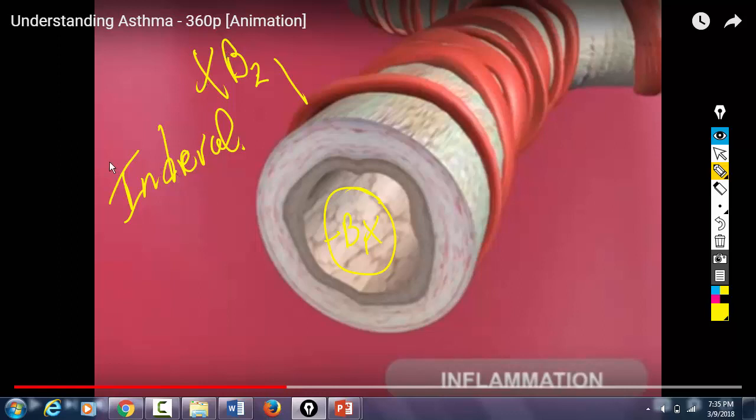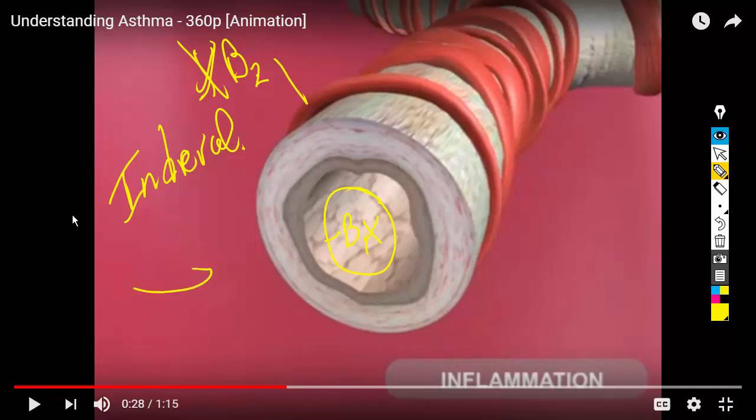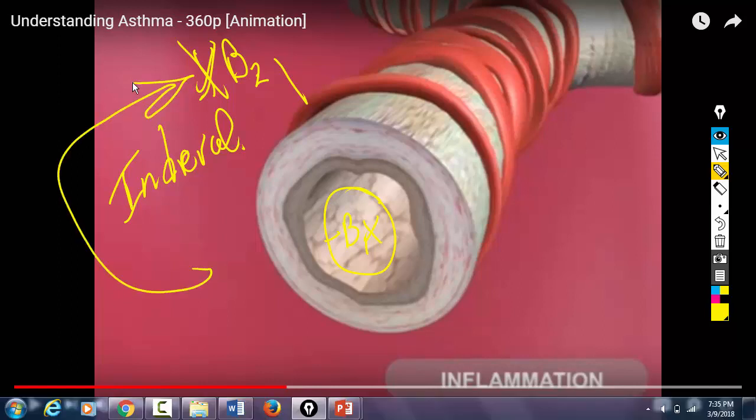So if you have asthma, beta blockers have to be used with caution, because if you block beta 2 receptors, then you start having an asthma attack, can albuterol bind to a blocked beta 2 receptor? No. That's why those beta blockers are used very cautiously in people with asthma.